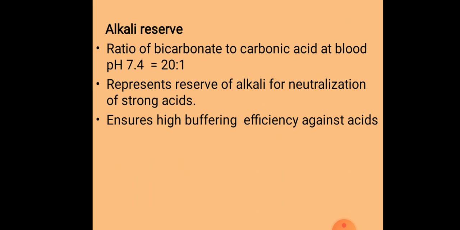Since it is 20:1, it represents an alkali reserve, so it can easily neutralize the different acids being continuously produced in the body. Thus, it ensures high buffering capacity against acids.